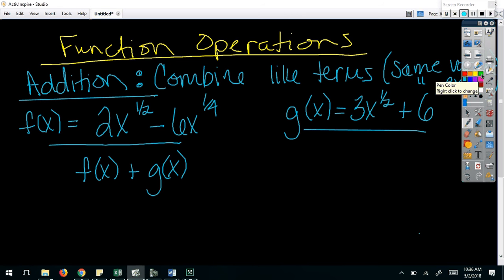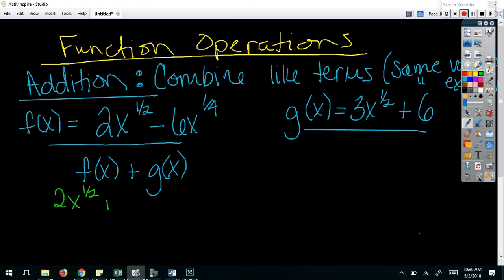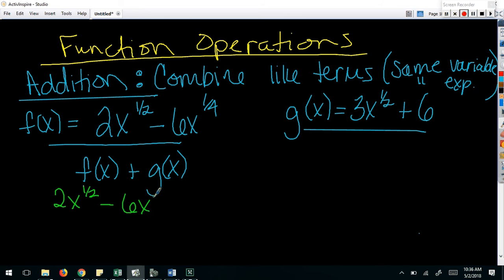So if I do f of x plus g of x, that means I'm doing 2x to the 1/2 minus 6x to the 1/4. And to that, I'm going to add g, which is 3x to the 1/2 plus 6. I'm adding f and g. F is this, g is that.